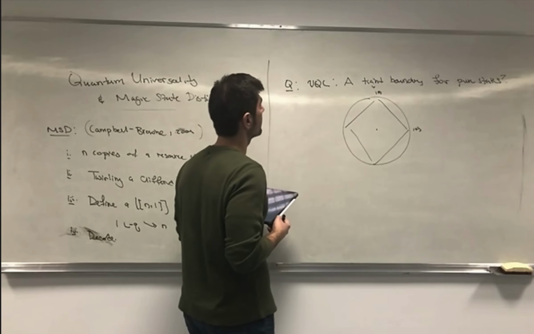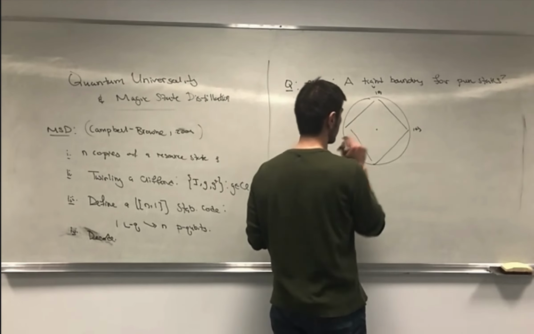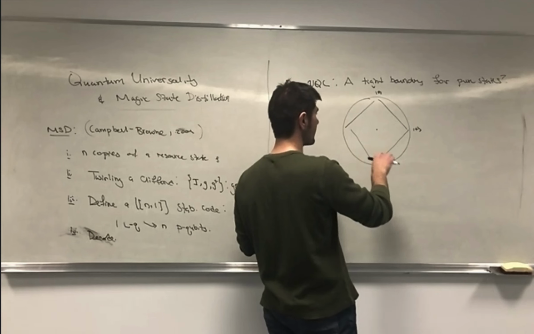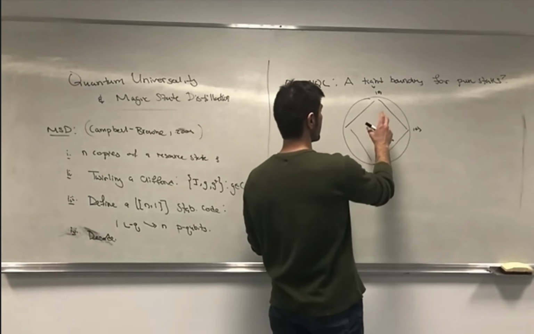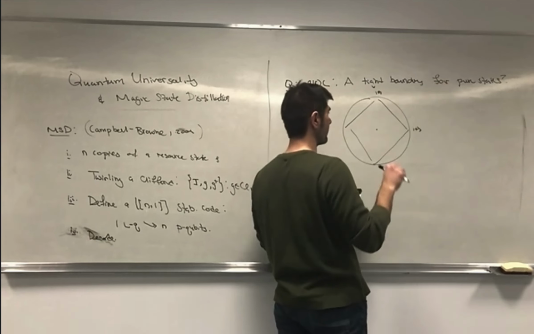Last time we distilled the T state, which is hard to picture here. But if you imagine the stabilizer octahedron, the T state points directly through the center of one of the faces.